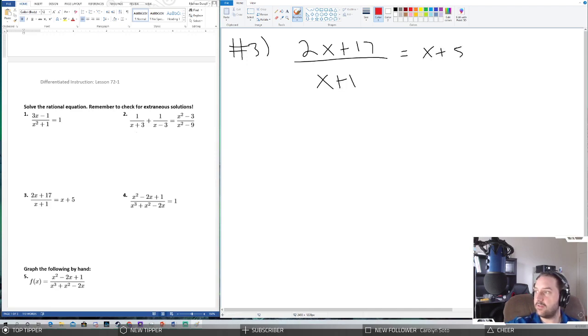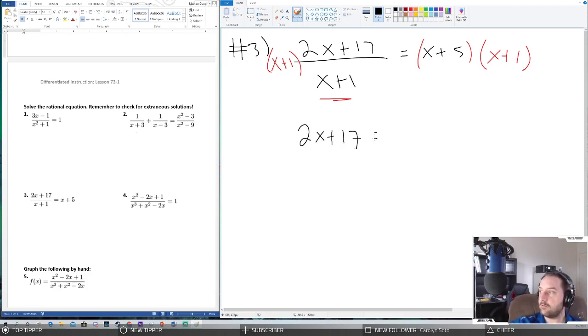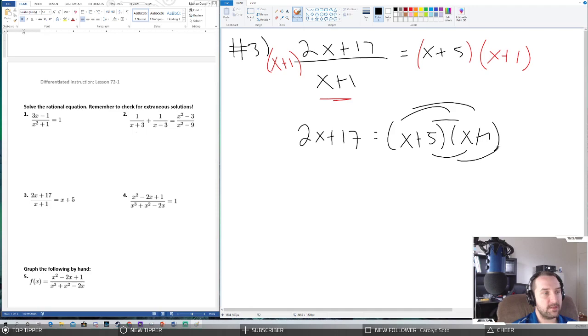To get rid of this denominator, you have to multiply both sides by it. So then you're going to get 2x plus 17 equals x plus 5 times x plus 1. And then you're going to have to distribute and do all that stuff. And it's quadratic, and you're going to solve it that way.